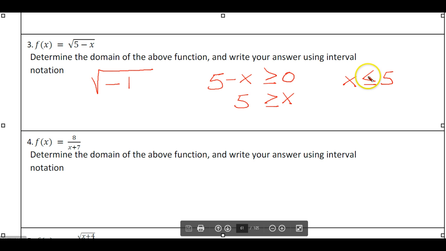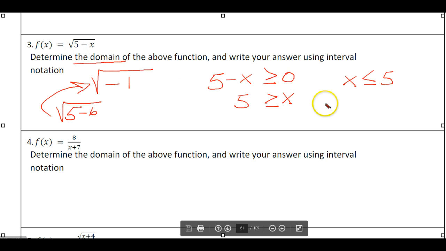Now, if a number is greater than 5, let's put that in here. Let's say 6. We have the square root of 5 minus 6. Any number greater than 5 is going to give you a negative value under the radical sign. So those values are excluded from the domain. So the answer then, what would this be?